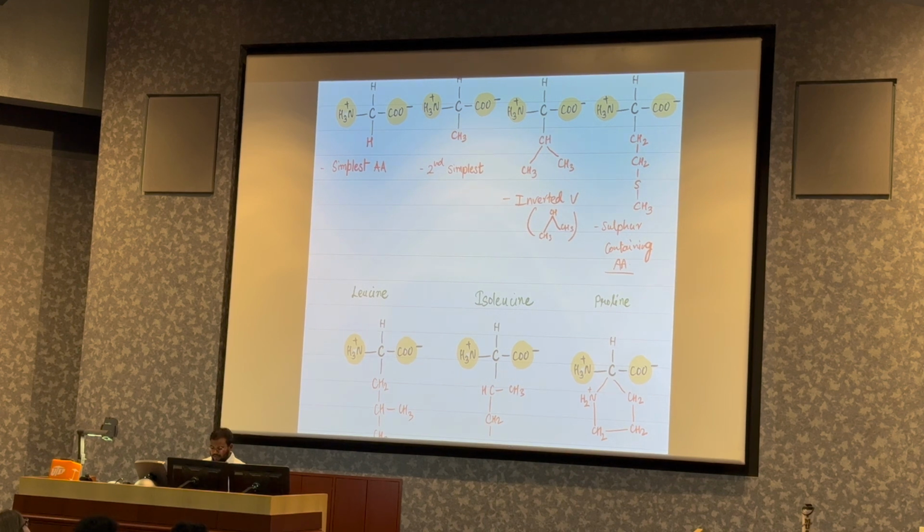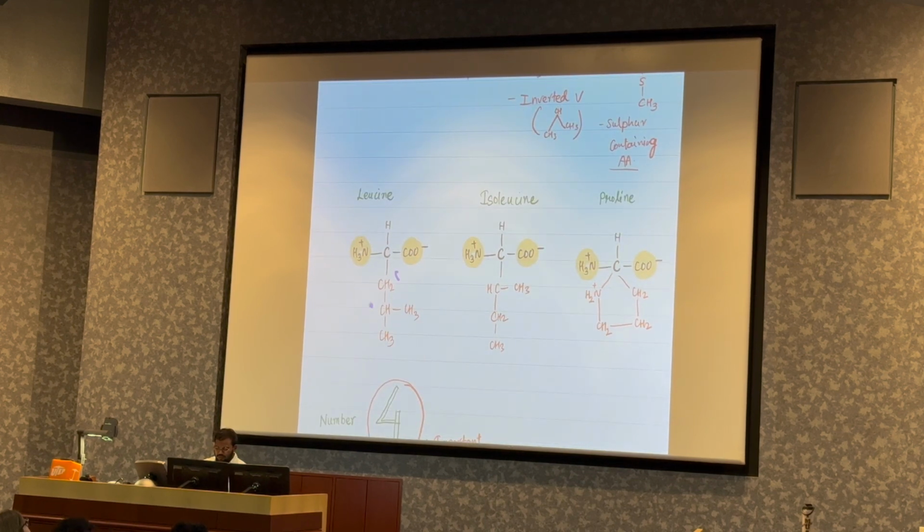Again leucine, 1, 2, 3, 4. So most of the time you have 4 carbon atoms. One of them is replaced by sulfur in methionine, otherwise you have 4 different carbon atoms. That's why I say number 4 is important to remember the first part.